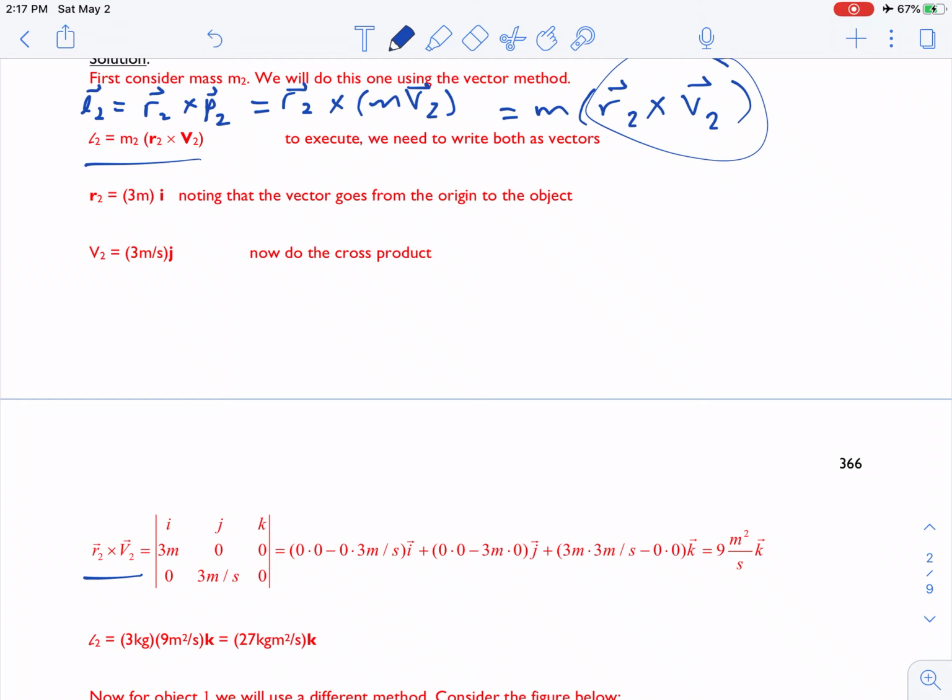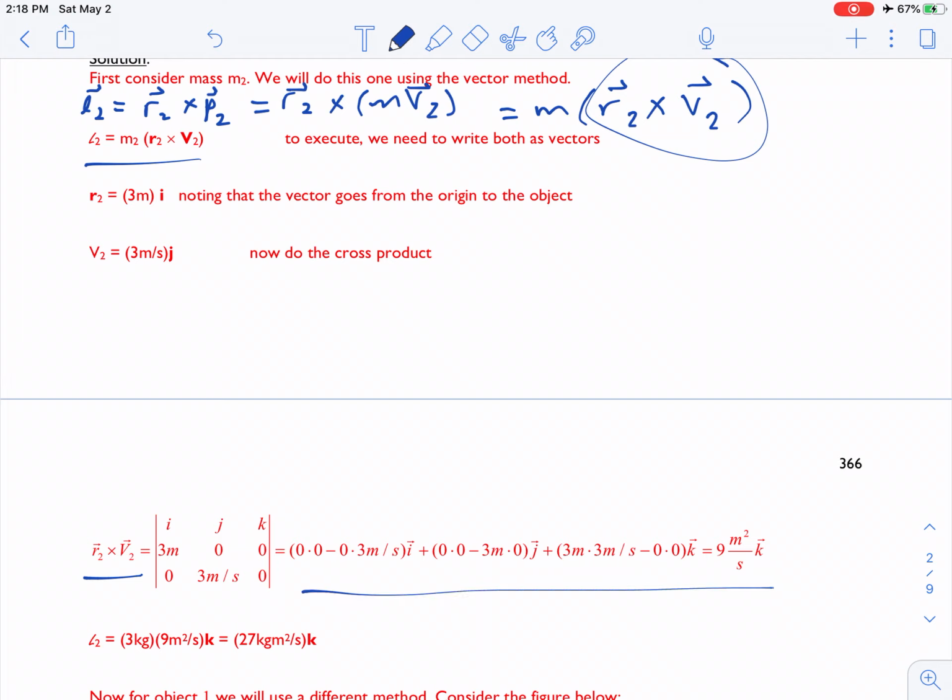The second row is the first vector in the cross product, so it's R2. It only has an x component. The j hat and k hat coefficients will be 0, and V2 only has a y component, so its only non-zero term is in the j hat column. The rest is 0. Again, this part is coming from the equation sheet.